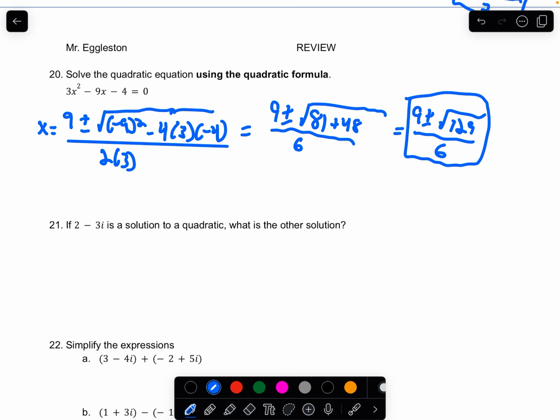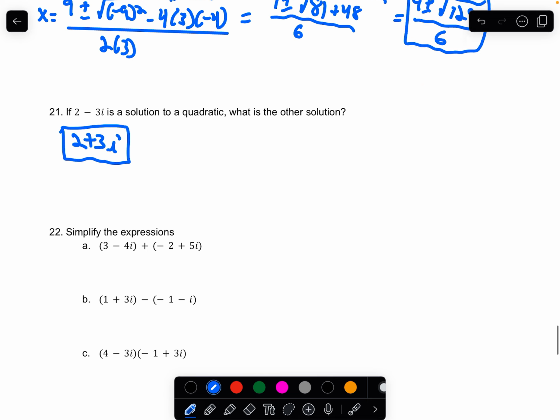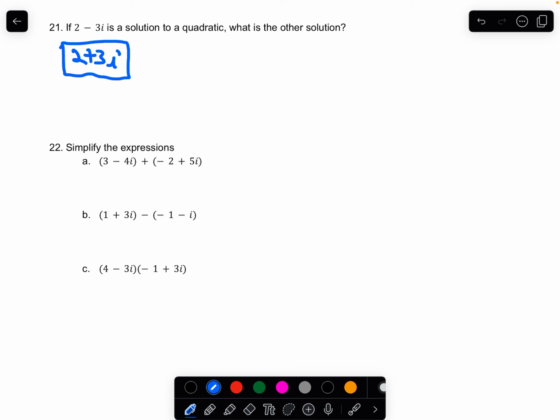21 is easy. If you're given one complex or imaginary solution, the other one is just the conjugate of it. So it'll be 2 plus 3i, and that's easy. Simplifying the expression, real to real, you add. So that's going to be 3 plus a negative 2 plus a negative 4 plus 5i.